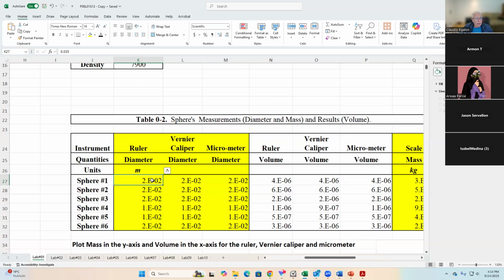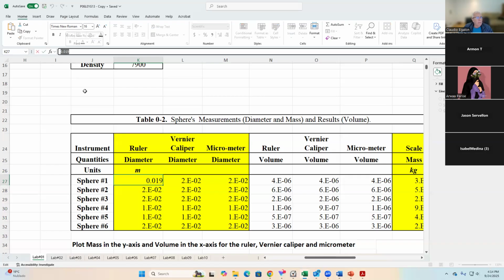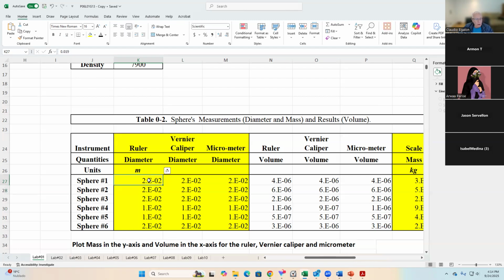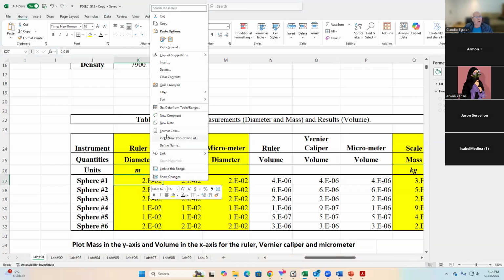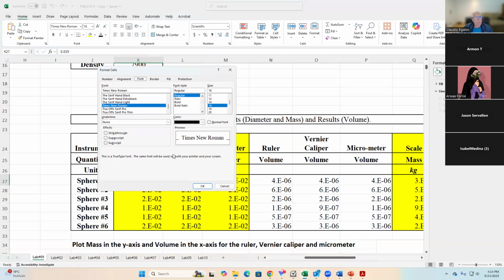Here you go. If you click this cell here, you can read the number that was typed there. And this number is 0.019. Remember that I told you you have to display only up to the third decimal place in meter, right? So what do we do? Click the cell, right-click the cell, and go to Format Cell.